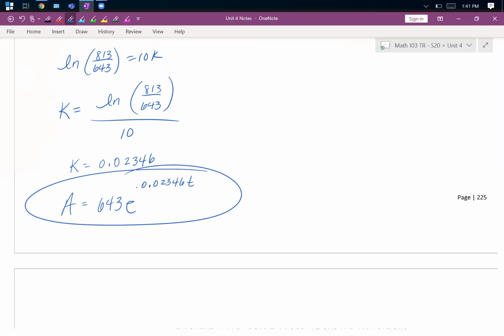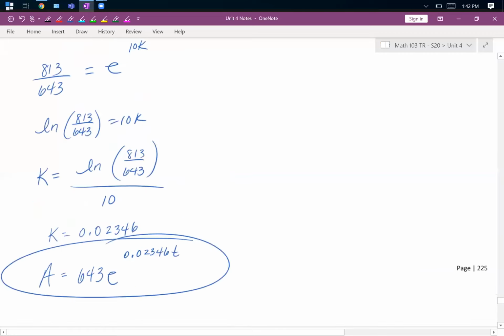Questions at all with getting this equation? Can you plug the natural log that you have there, 813 over 643, all over 10 in the calculator? Yes. And that's where I got the 0.02346. Because when I did that, I didn't get that number. Try it again.